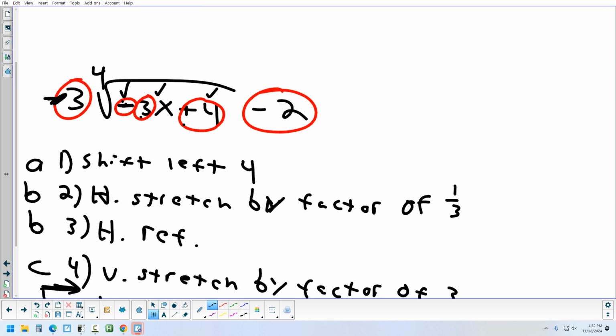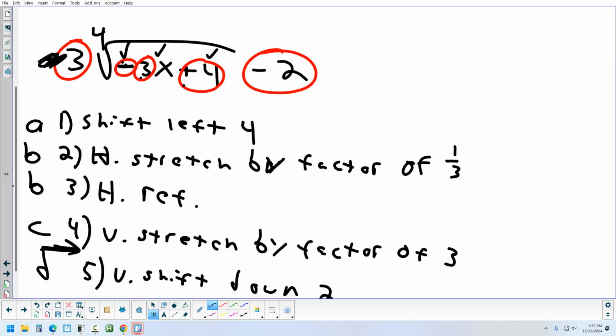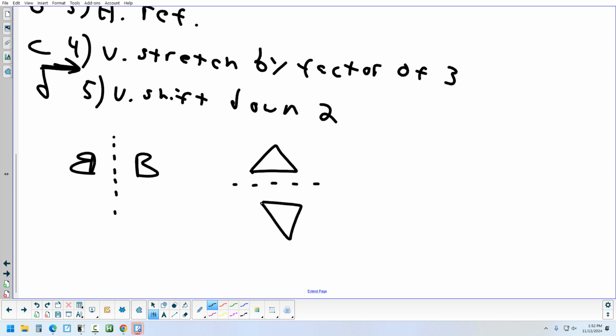Is the reflection always over just the origin of the line? It's either over the x-axis or the y-axis. So, just in case people aren't clear, this is a horizontal reflection. Horizontal means you flip left to right. This is a vertical reflection. It means you flip up to down.